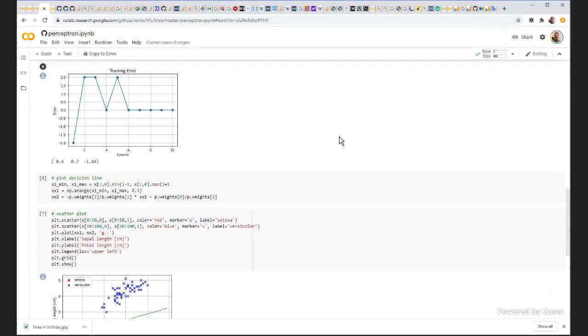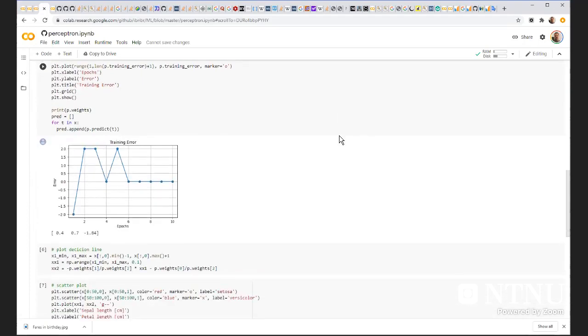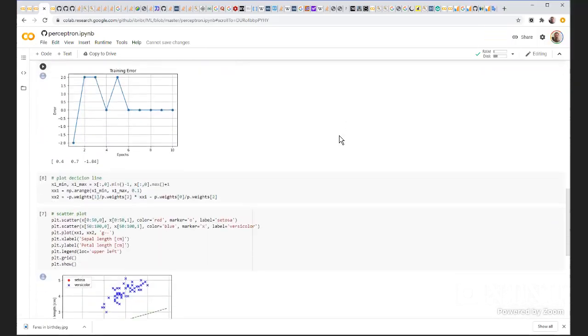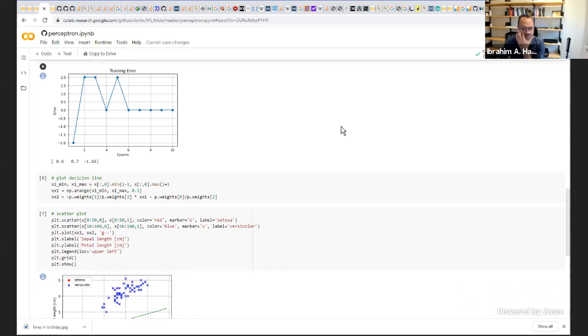So after training the model, when you start testing it, let's say we input a random sepal length and petal length coordinates, and in case the chance is very small, but if it lies on the decision line, what would it classify it as? Would it classify it as class setosa or versicolor? Again, Ravi, please?